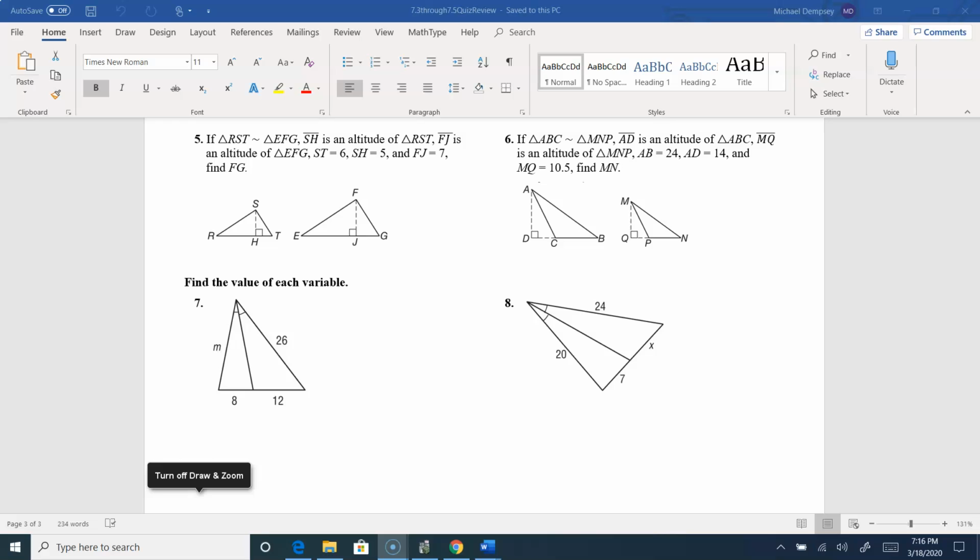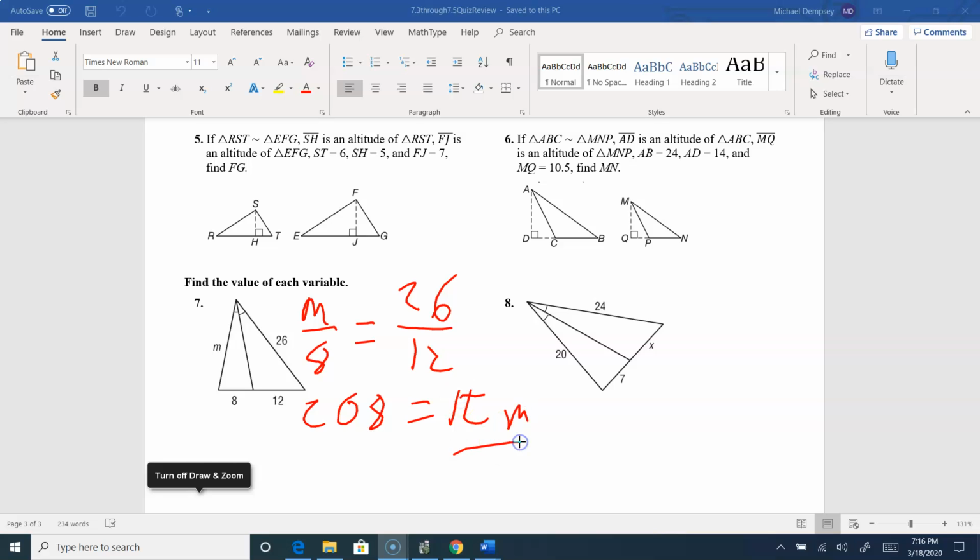Okay, now I have some angle bisectors, which also create proportional parts. So here I have M, a side to 8, the piece at the bottom, is going to be equal to 26, a side to 12, the other piece at the bottom. We cross multiply. 8 times 26 is 208, equals 12M. Divide both sides by 12.